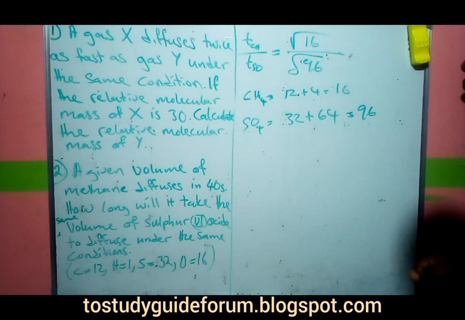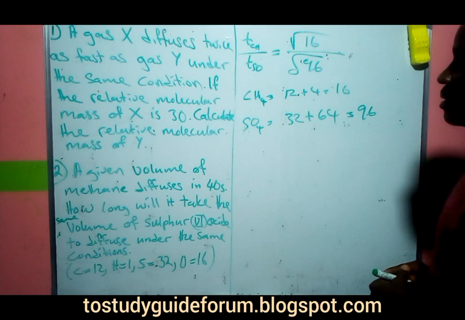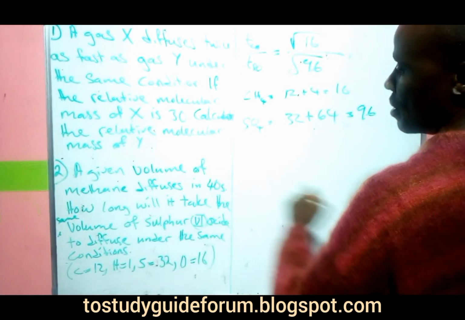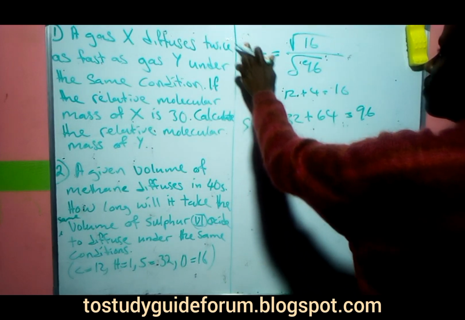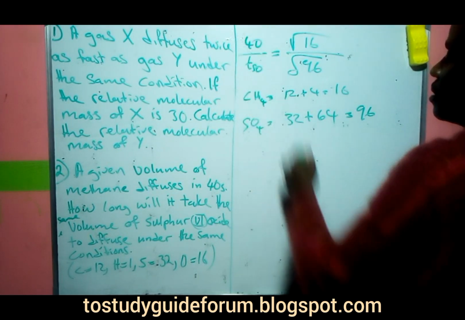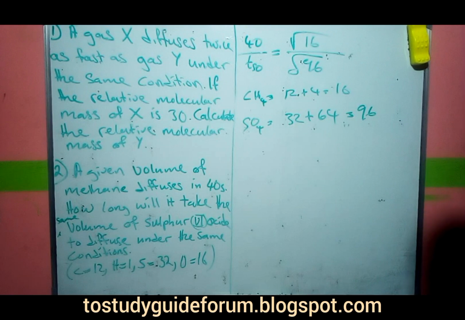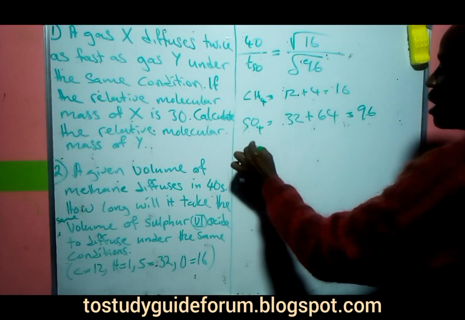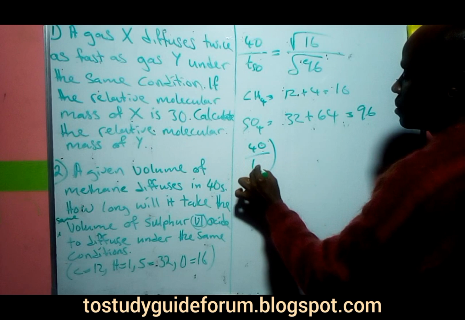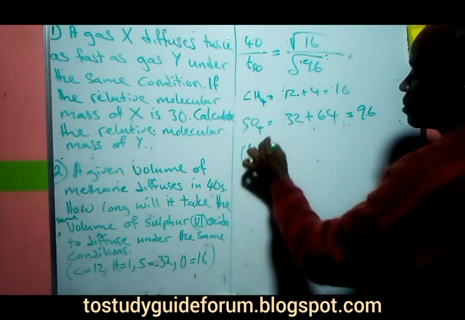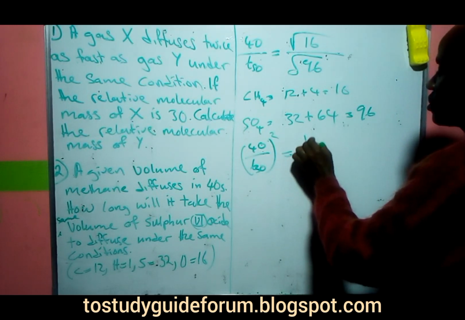In this case, the other one is 40 seconds for the methane. Now we'll use our 40 seconds there. So what we do now is to do the same thing. We're going to square both sides.